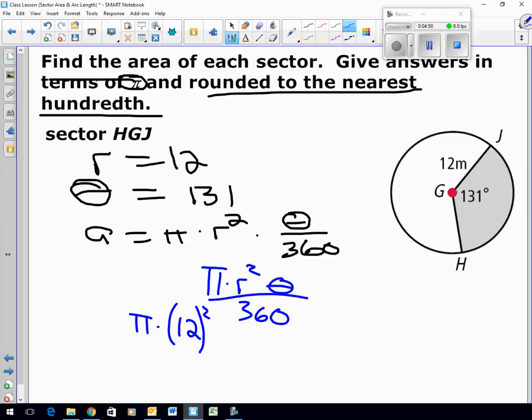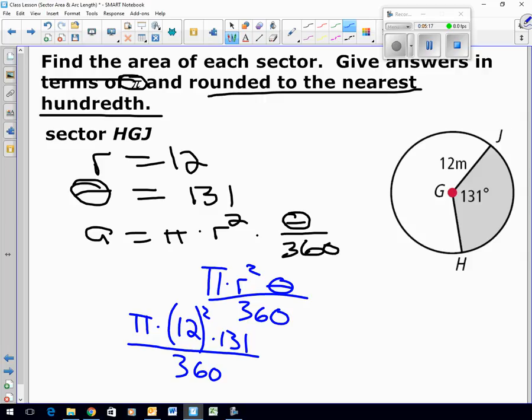Hit times, put 131. So put it in there exactly like you see it: pi times parentheses 12 parentheses squared times 131, and then for your denominator, put 360.